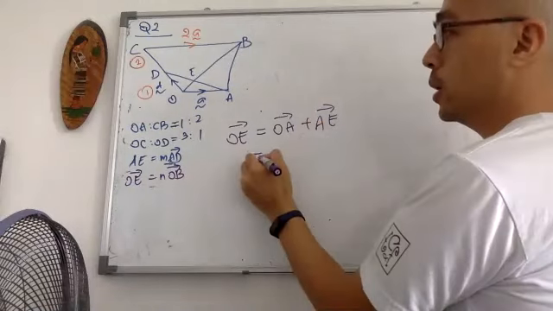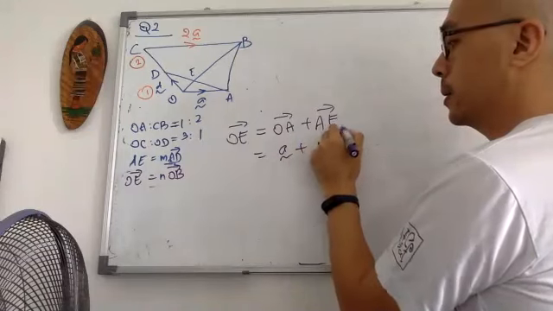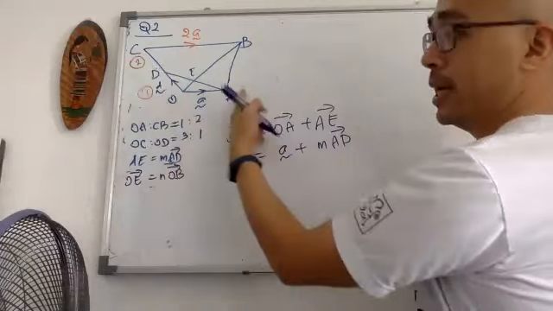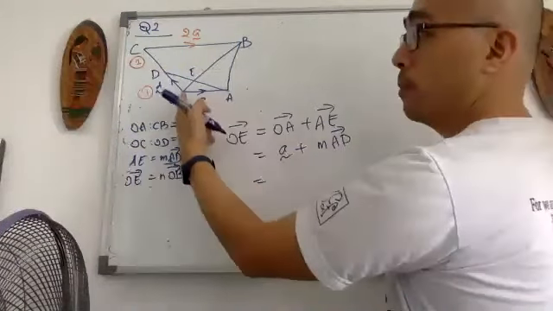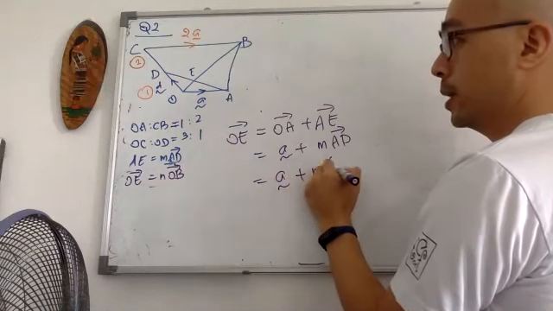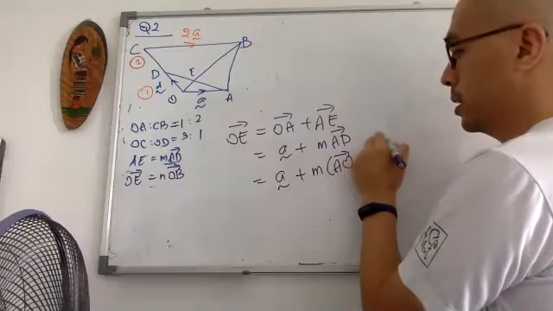Okay, can we do that? OA is A, AE is M AB. Okay, A to B. But the problem is A to D is also AO plus OD.